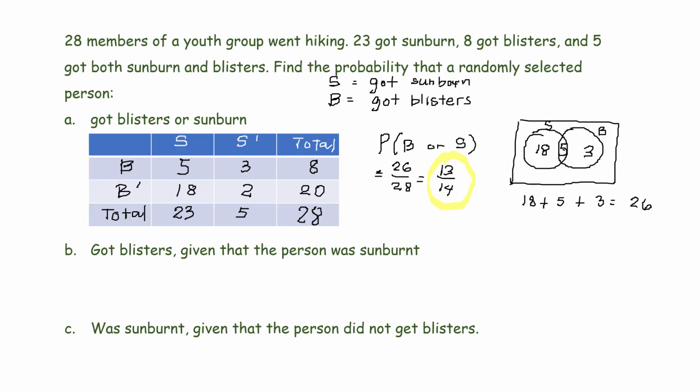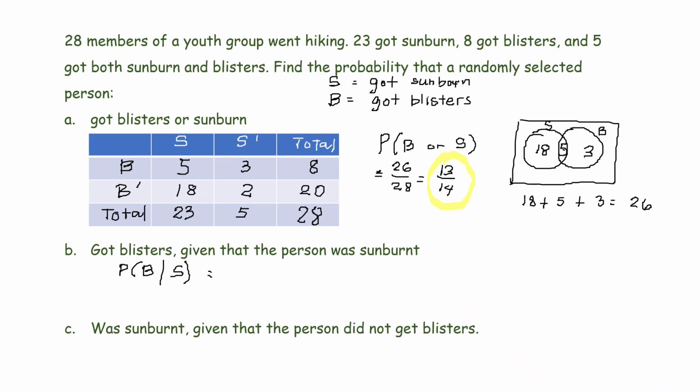For letter B, what's the probability that a randomly selected person got blisters given that the person was sunburnt?